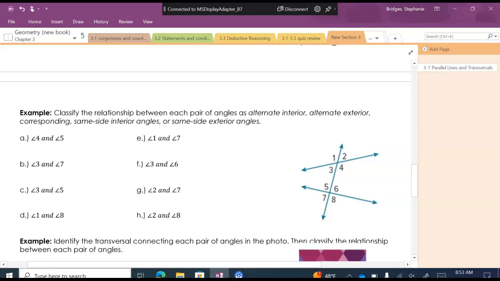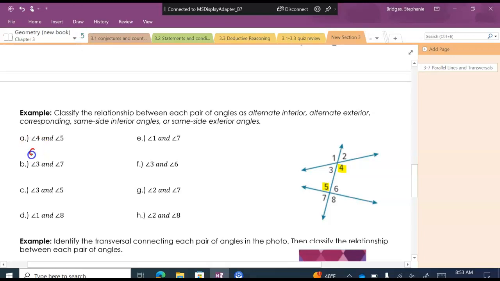Okay, so let's start with angles 4 and 5. What do we think? Interior, but are they same side or alternate? Alternate, yes.